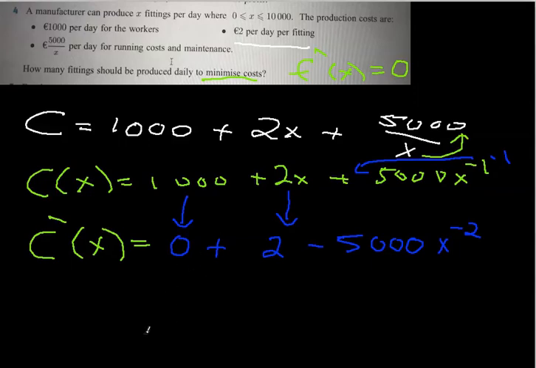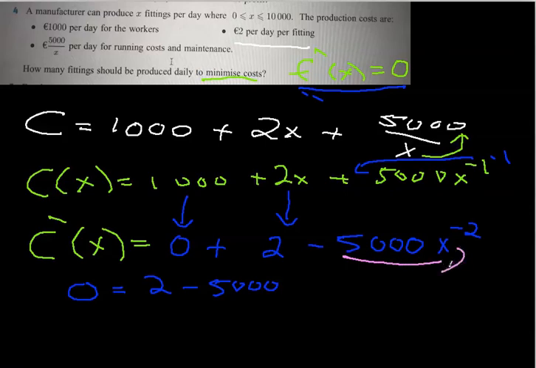And now what we need to do, like I pointed out before, is take our derivative and equate it to 0. So if we do that, we have 0 is equal to 2 minus 5,000 x to the minus 2. All right? And actually, it's much easier to do algebra if we take this x from this piece here and move the x back underneath so that it becomes x squared.